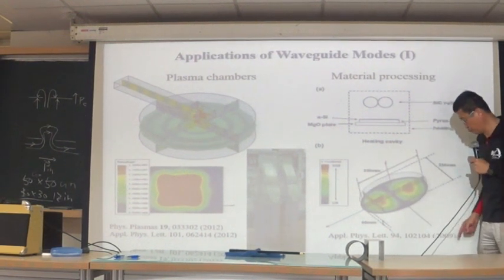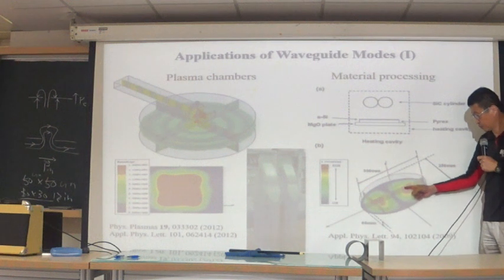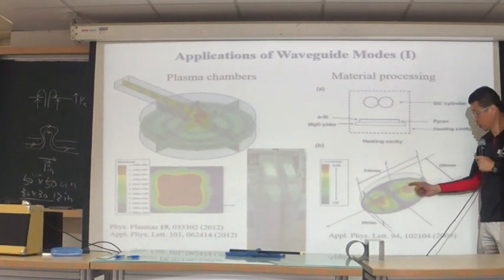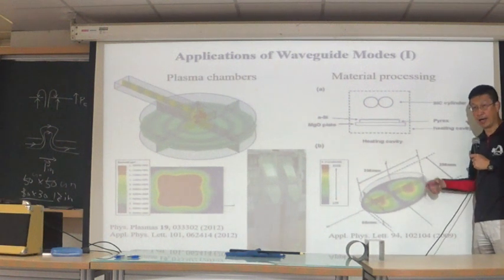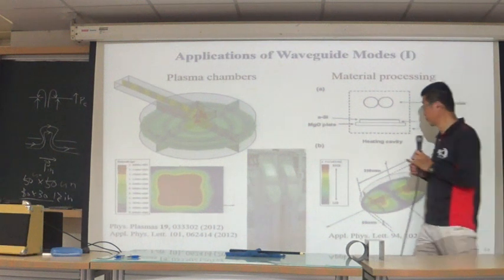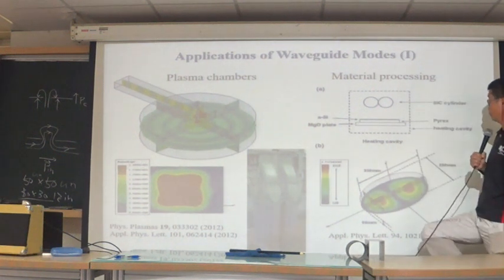We just put the material here, with one focus and the other focus left open, so we can put material here, and the result will be quite good. Okay, that's for different materials.